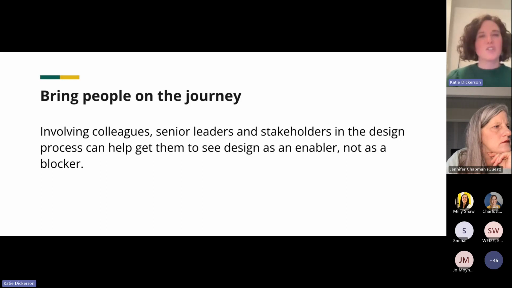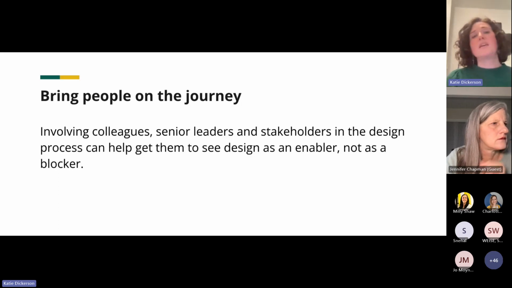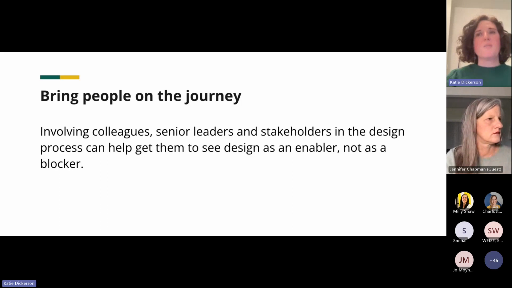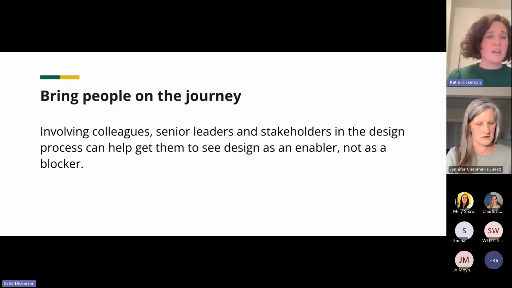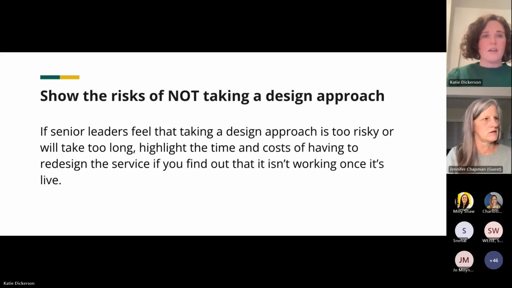And here I was coming in as the service designer and asking a lot of questions. And that wasn't always welcome initially. But when I got people involved in the design process, so taking notes at user research sessions, being involved in prototyping and mapping services, people were able to see the way that working in this way was beneficial and how it helped the services that we were building be better. So I found that to be really helpful.